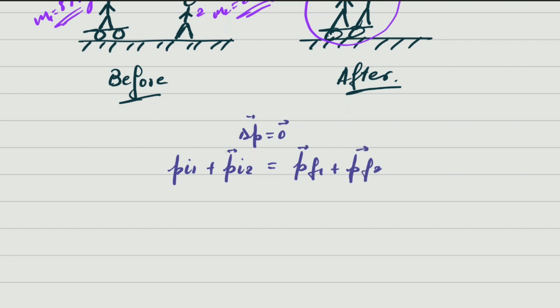Then mass 1 multiplied by the initial velocity 1 plus mass 2 multiplied by the initial velocity 2 is equal to mass 1 final velocity 1 plus mass 2 final velocity 2.